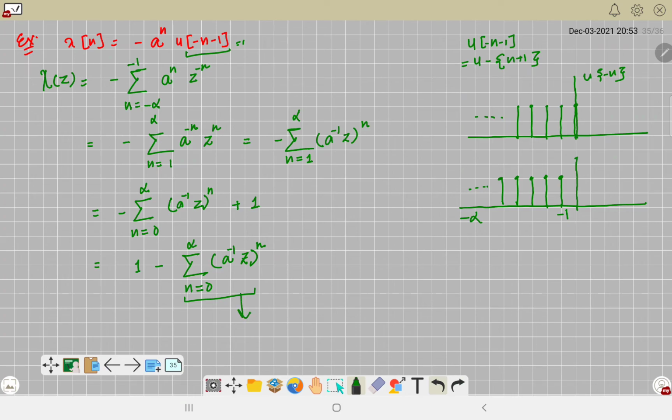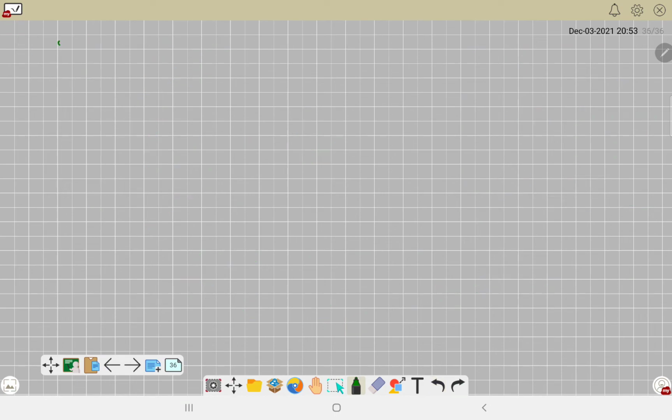Now this will be equal to 1 divided by 1 minus a raised to the power minus 1 z, given that the magnitude of this argument, a inverse z, should be less than 1. So this turns out that X of z is equal to 1 minus 1 divided by 1 minus a inverse z.